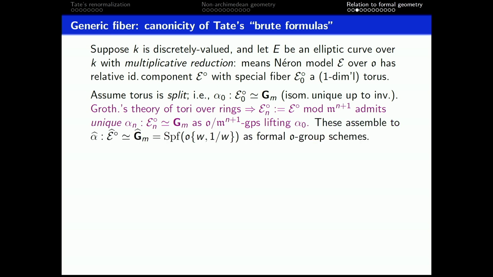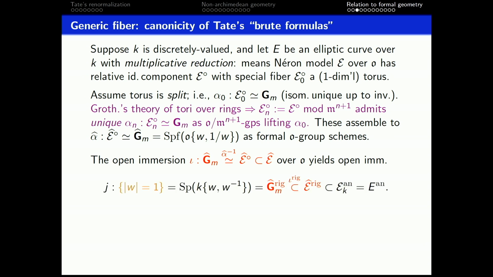These assemble, and these tell us that if we take the full completion of the relative identity component along the special fiber, we get exactly the formal completion of G_m along its special fiber. Wonderful. Well, now you can turn this around. The E^0 sits inside E as an open, same thing at the completed level. So now inside here, we have a copy of the completed G_m. Now we take the rigid analytic generic fiber, so that's sitting here.